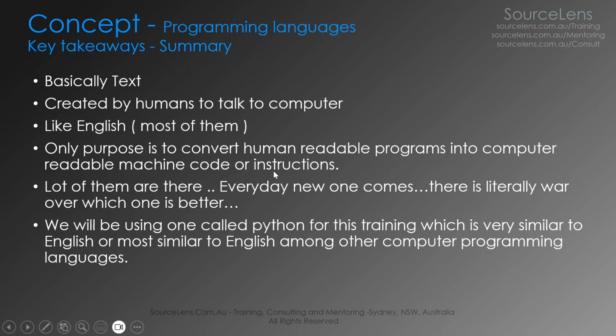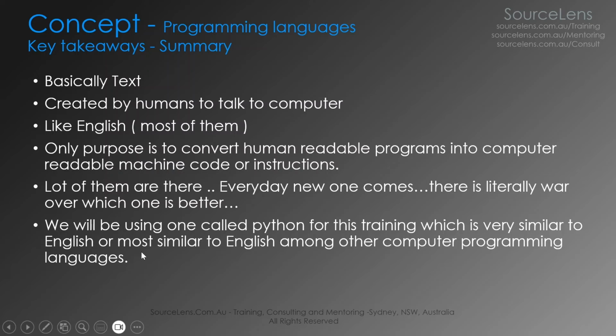So it creates instructions, binary instructions for the CPU. We have seen that. Many different programming languages are there. Every day a new one comes. There is literally a war over which one is better. So many debates. Python is better, C++ is better. I believe everyone has its own purpose, but there are a lot of programming languages and experts out there who claim different things.